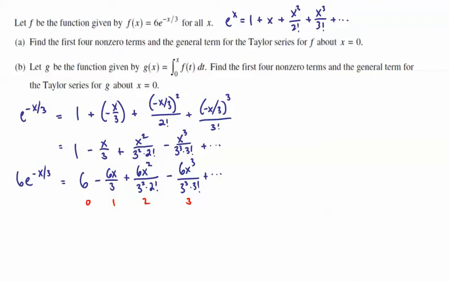We want to relate each term to n. Obviously in the numerator we're going to have a negative, and it starts off as a negative 1, and since the first term is positive, that must be to the 0 power.